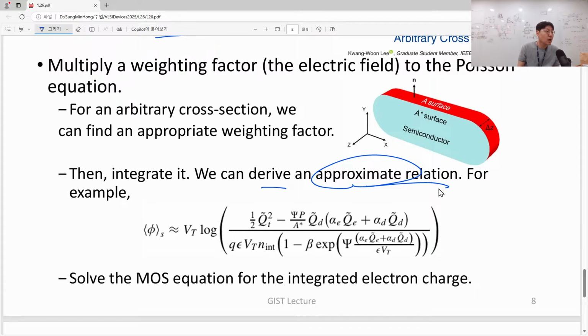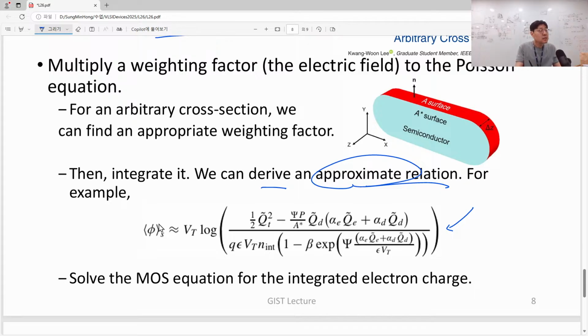I'm not saying that this is exact, because an analytic solution is only available for those two cases, planar MOSFET and intrinsic double gate. Except for that, there is no analytic solution, but we can derive a good enough approximate relation. Although the notations are different and I'm not trying to follow every detail, the result looks like this.